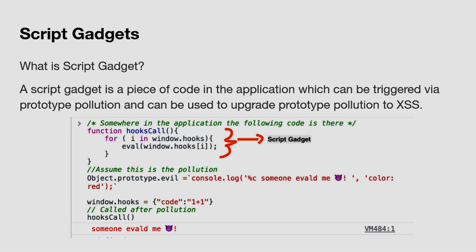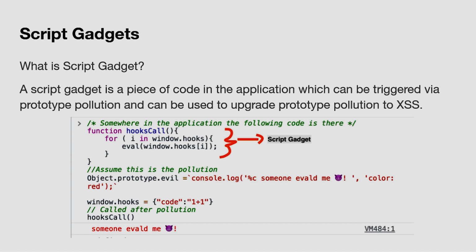With the for-in notation, it iterates over the given object and also over its prototype chain. So if it finds any properties on its prototype chain, it will also evaluate them. So if you can pollute a property in the prototype, you get cross-site scripting on the application. I used this same script gadget in Elastic's product, which I'll show you in the next case study.